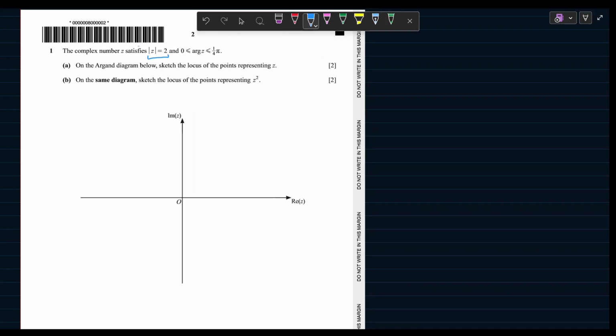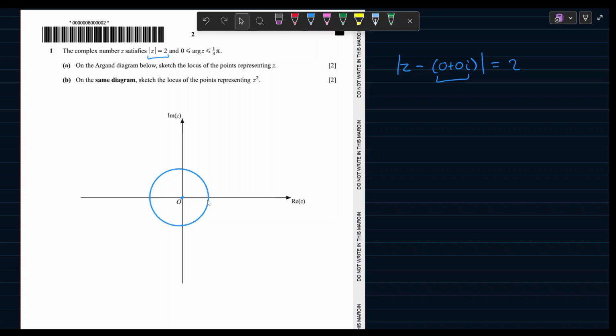So this is a circle, and since they haven't given us a complex number inside, this is essentially z minus 0 plus 0i. Okay, and this is equal to 2. So it's a circle with the center 0, 0. So our center is here, and then our radius is going to be 2. So let's draw that, we've got a circle like that.